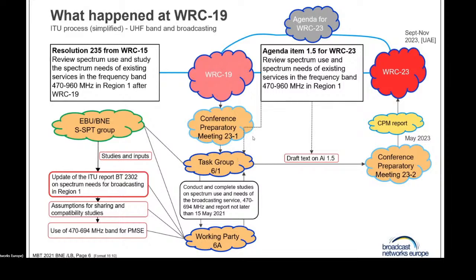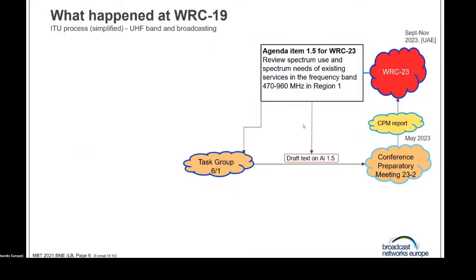Anyway, the important thing now is this, that once we get to WRC-23, the work of Task Group 6/1 will report the results of all the studies to a meeting which will occur a few months before the conference, and there will be a report going into the conference.